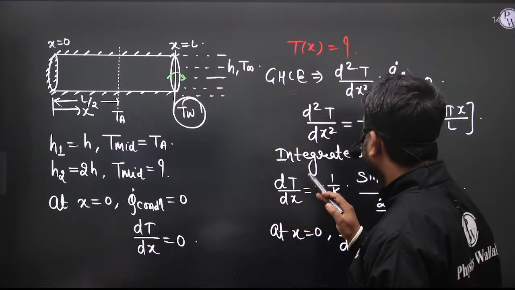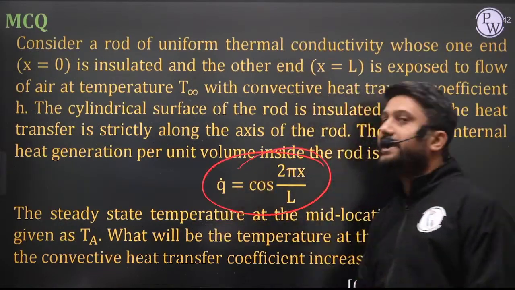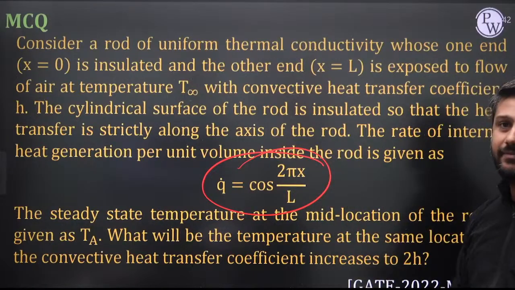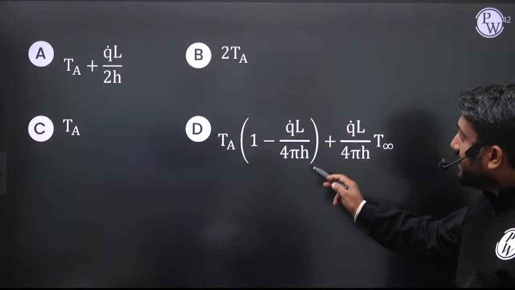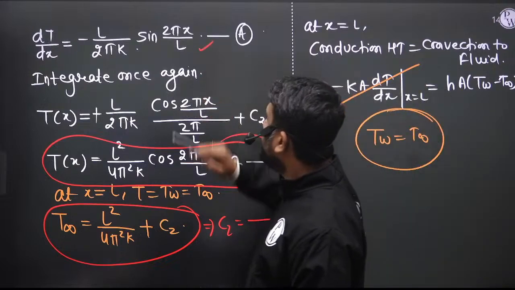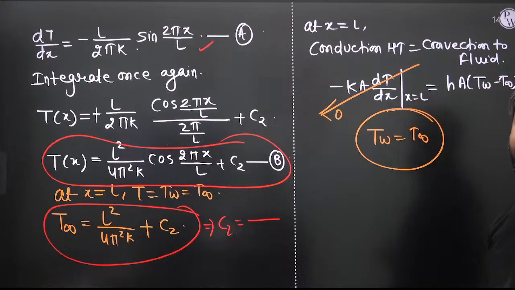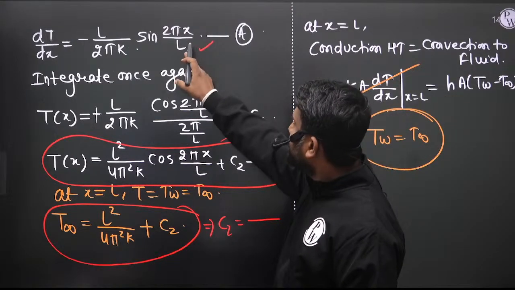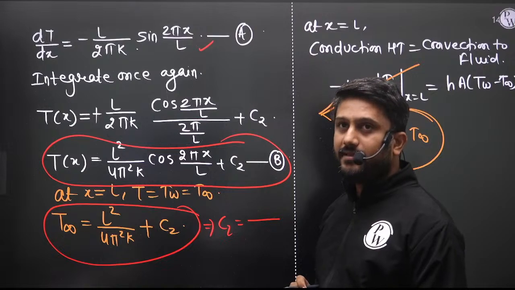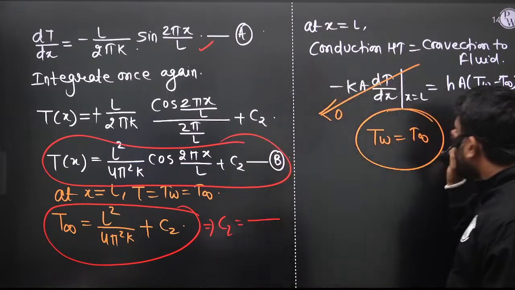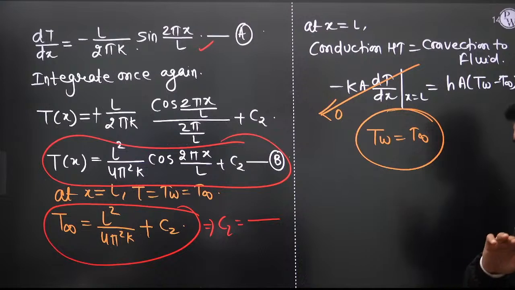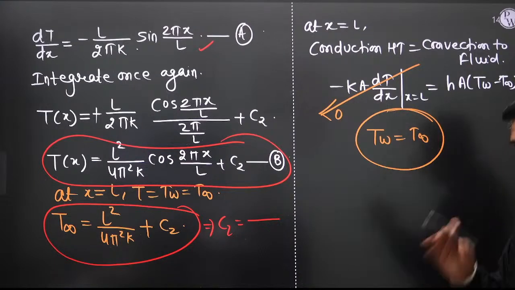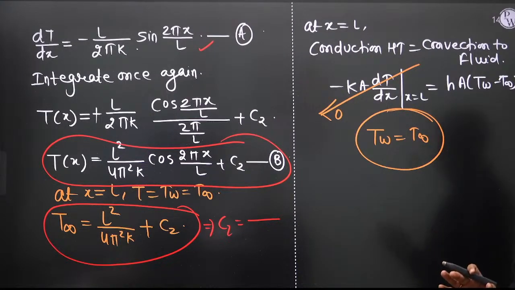Because of this variation, dT by dx is 0 at x is equal to L. That's why TW is equal to T infinity. If there is another function, then it might be possible that an h term is present in the temperature variation with x.